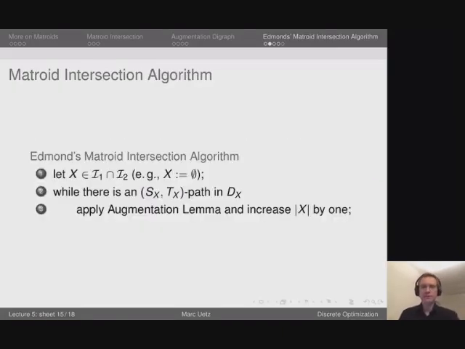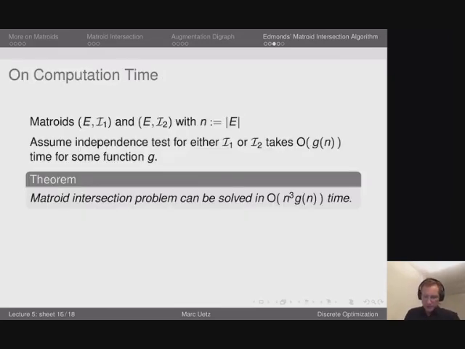And the final word is again on computation time, and I will try to be brief. In order to say something about the computation time, we have to say something about how much time it takes to verify if a given subset of items is independent in one or the other matroid or not.